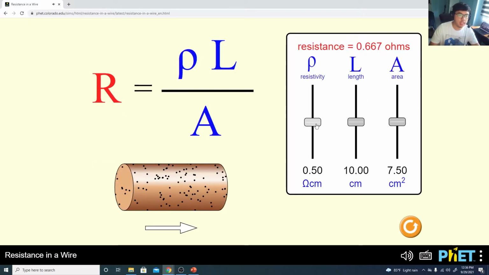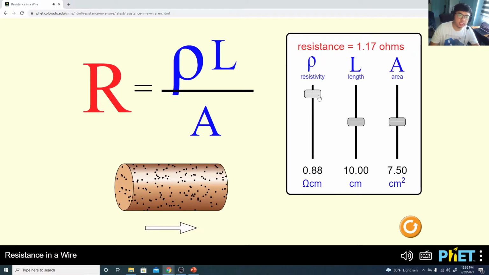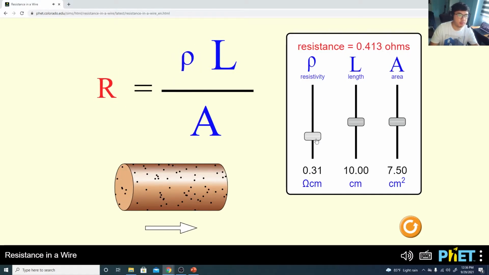Now, resistivity is something that I'll explain very soon, but let's look at how it affects the resistance. If an object has a higher resistivity, then the resistance will be higher. If an object has a low resistivity, that means the resistance will be lower.